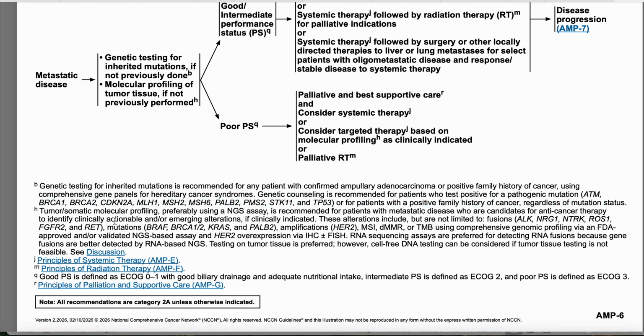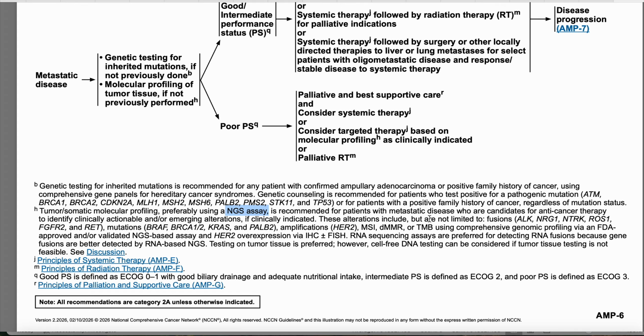Tumor or somatic molecular profiling, preferably using an NGS assay, is recommended for patients with metastatic disease who are candidates for anti-cancer therapy to identify clinically actionable or emerging alterations if clinically indicated.